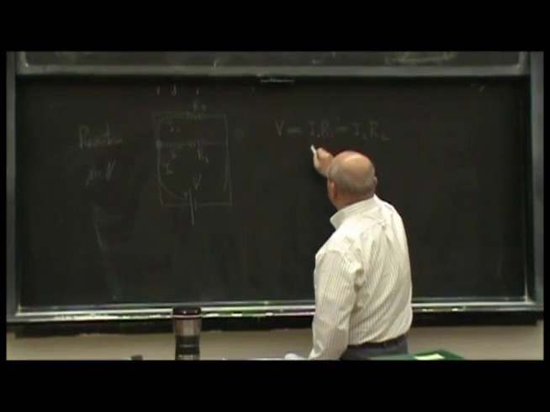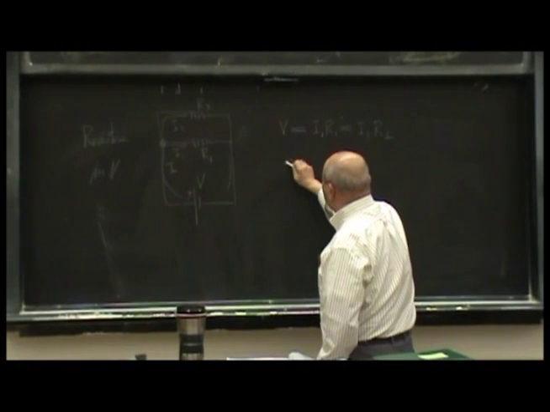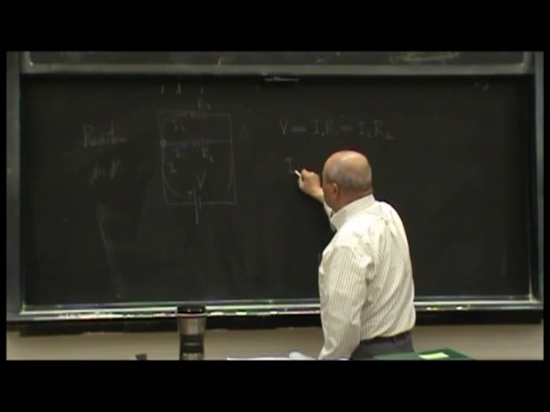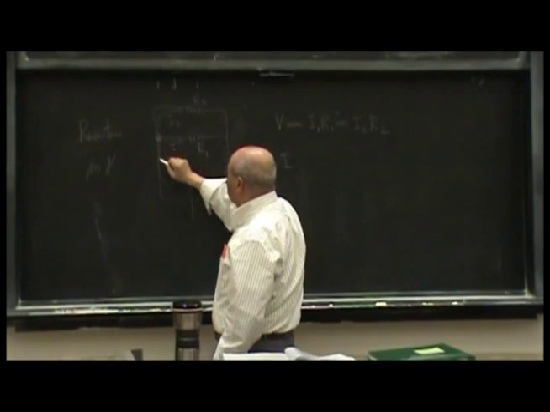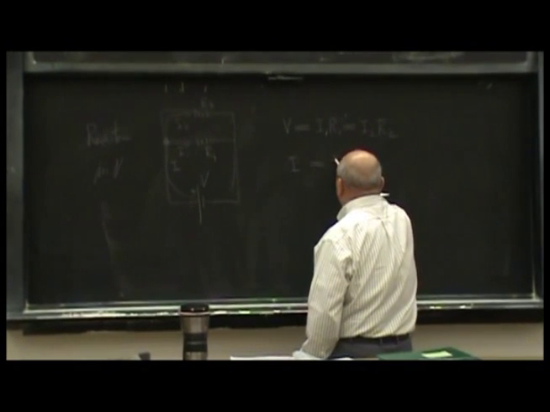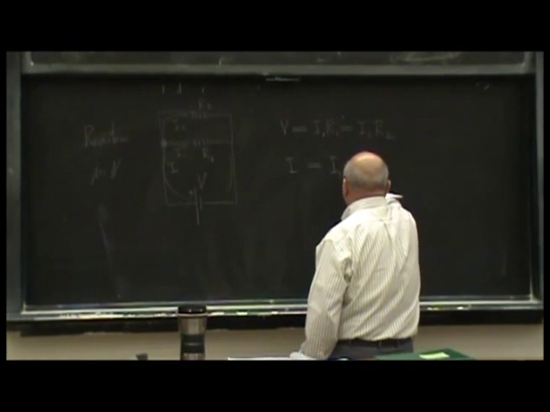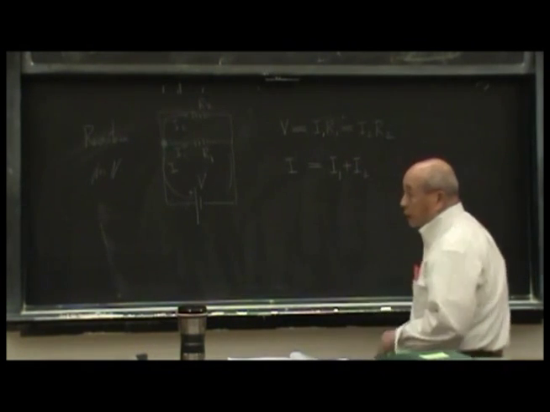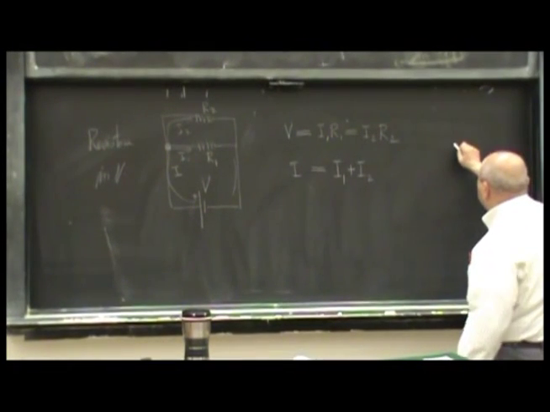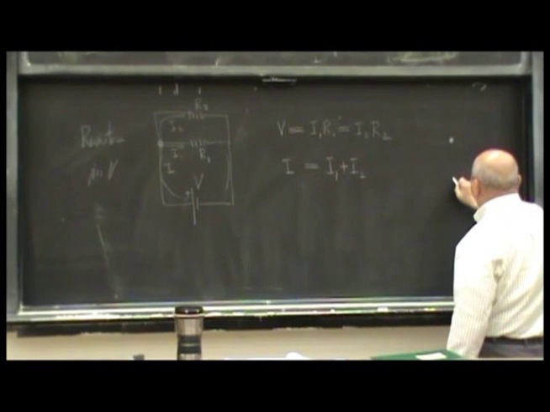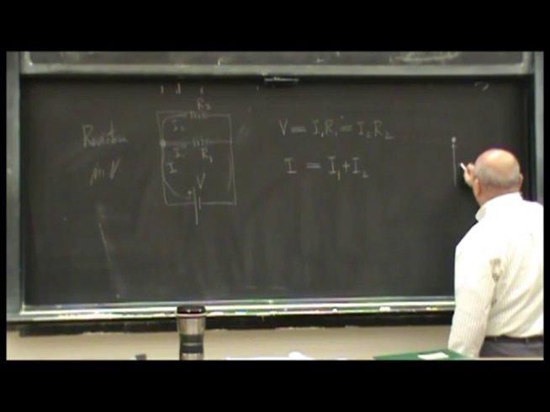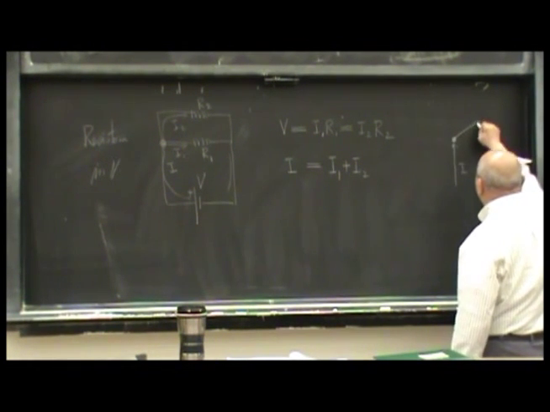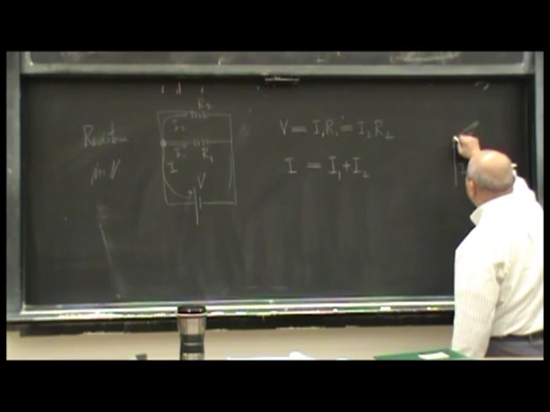In these cases, the current I at this junction is equal to the sum of the currents at the junction. That is a part of Kirchhoff's rule. If there's a junction here, the current goes in this direction, I, and then one goes out as I1, the other goes out as I2.